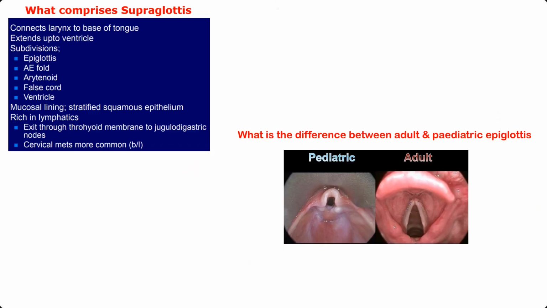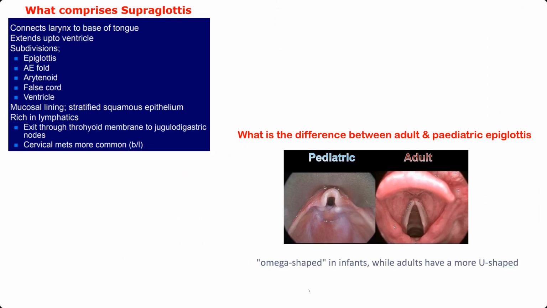Whereas in adults, you stop short before the epiglottis, at the vallecula, and lift the epiglottis. When you intubate, you will see only a straight hole, not the epiglottis, in pediatric patients.